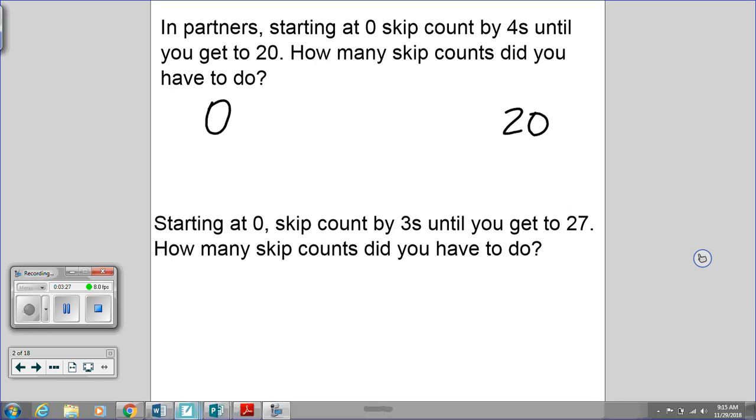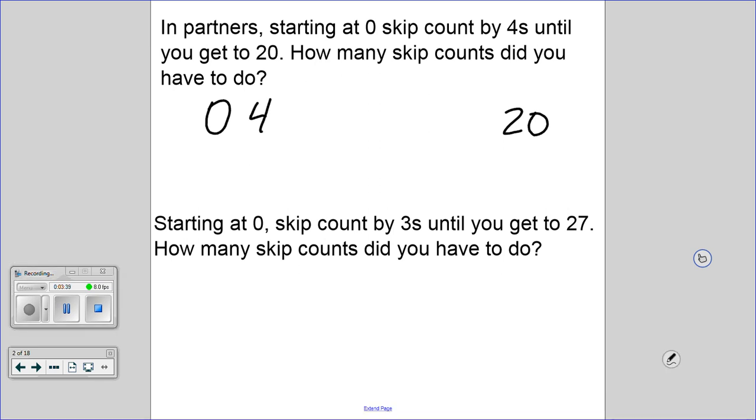Alright, so I know a lot of you do not know how to skip count by 4s. That's okay. Count on. 0. 1, 2, 3, 4. What number did I get to? 4. Okay, start at 4. 5, 6, 7, 8. What number did I get to? 8. Great.